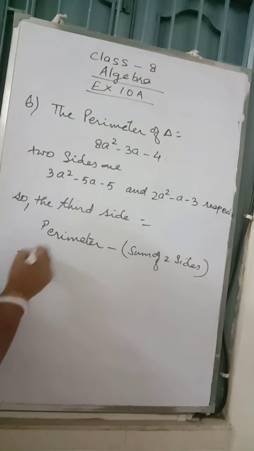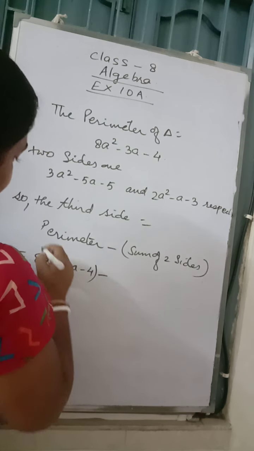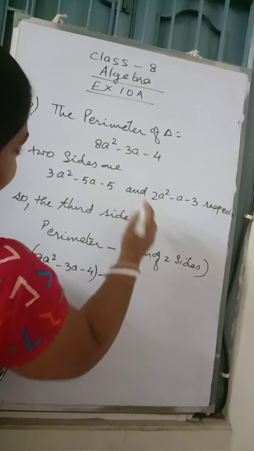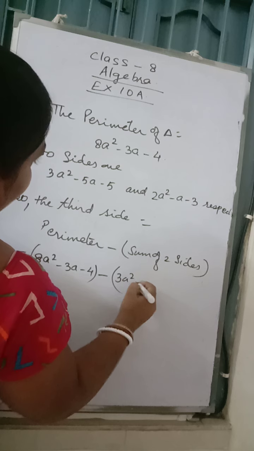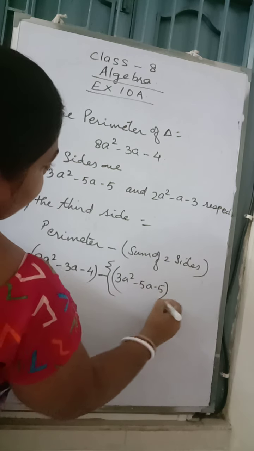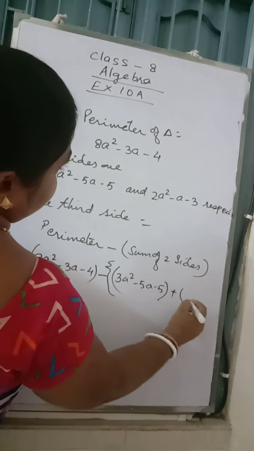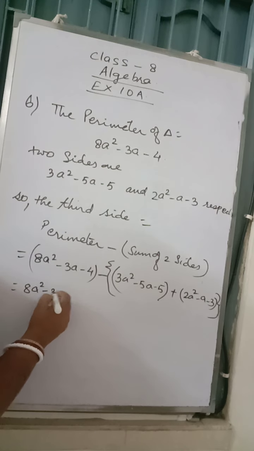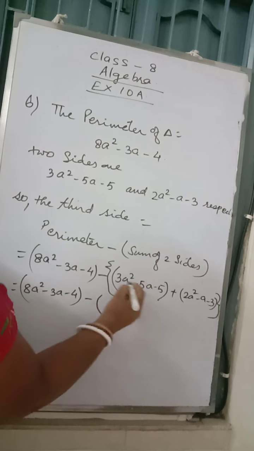So for the perimeter we have 8a square minus 3a minus 4 minus, I'll be adding these two sides, that is 3a square minus 5a minus 5 plus 2a square minus a minus 3.